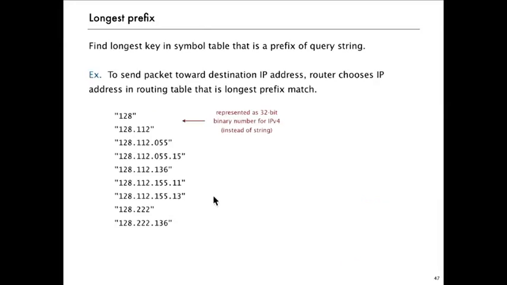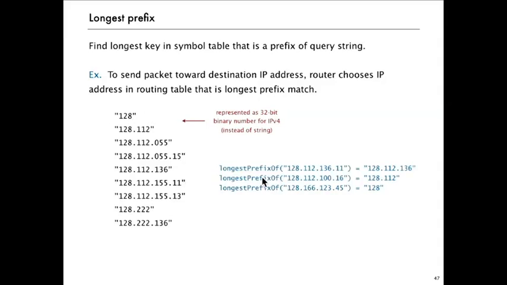What about longest prefix? And here's one that is very heavily used in the internet. If your query strings are IP addresses on the internet, and you have some given destination IP address, the router has a lot of IP addresses in a routing table, and it wants to choose the one that would get you as close to the destination as you can, so it's going to choose the longest prefix.